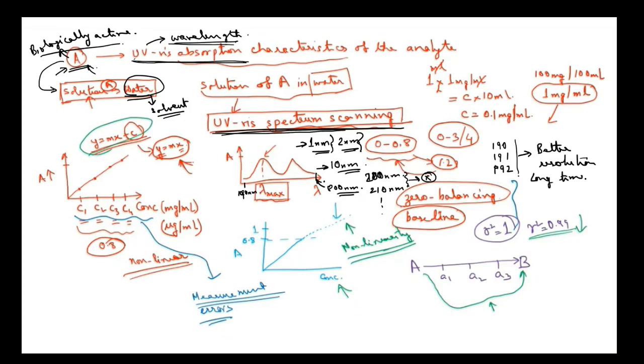So depending upon your need, you can adjust the step size at which you want to do the measurement. Okay. So once you have done this measurement, you will get this kind of curve.